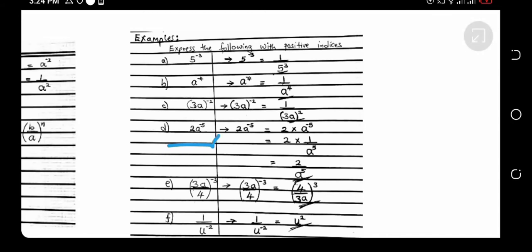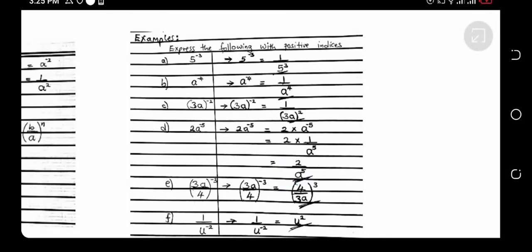This power is only affecting a. That's why it will be like this: separate 2 from a, then take the reciprocal of a to power negative 5. The power becomes positive 5, and the answer is 2 divided by a to power 5.